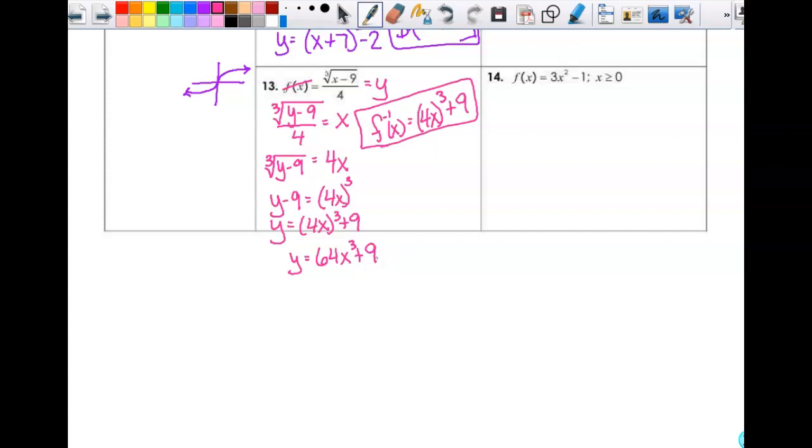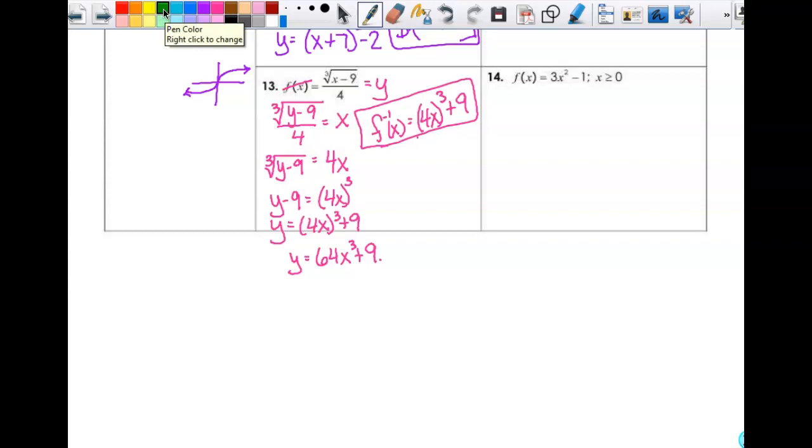So then I would have a vertical stretch by a factor of 64. That's actually going to give me the same answer either way. Or the same graph, rather. It graphs the exact same thing, just different ways to look at the transformations.